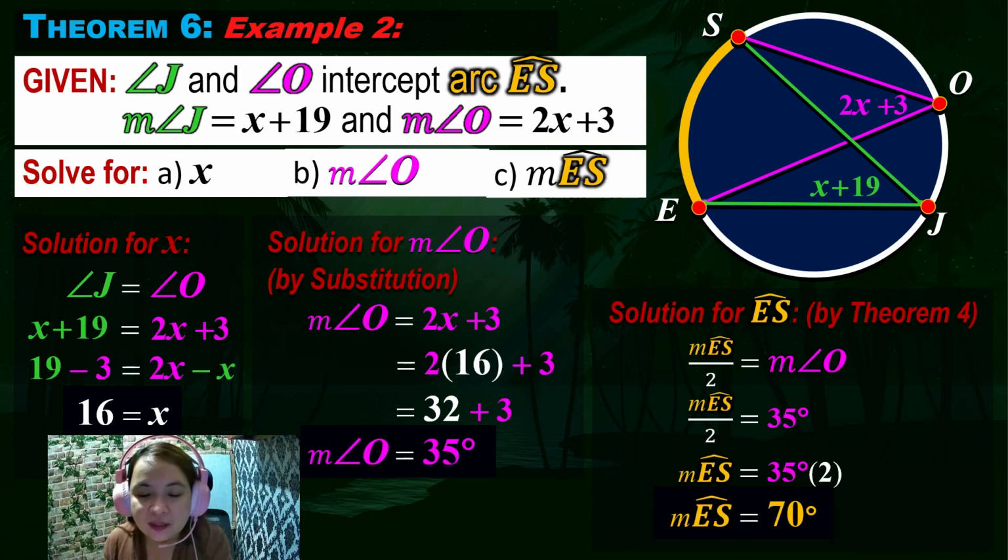So, meaning to say, the measure of arc ES is equal to 70 degrees. So, mapapatunayan natin na tama yung theorem number 6 dahil ang sabi nga na ang sukat ng inscribed angle ay doble ng sukat ng intercepted arc. So, yung converse nun, the measure of the intercepted arc is 1/2 the measure of its inscribed angle.